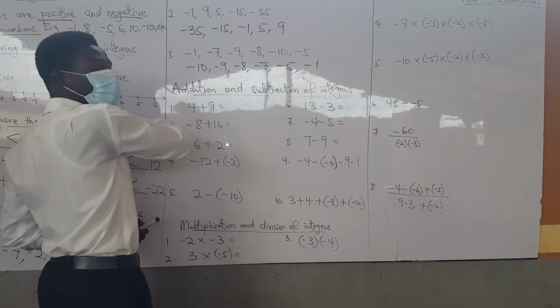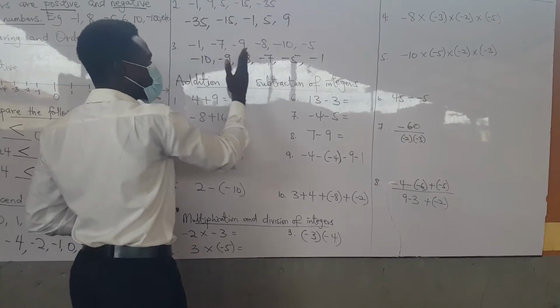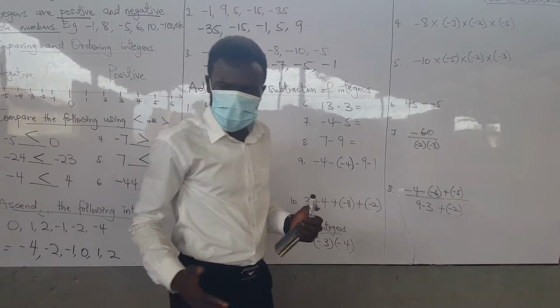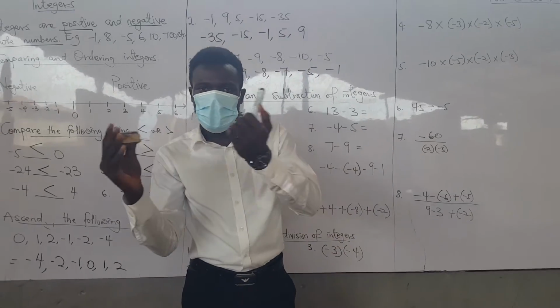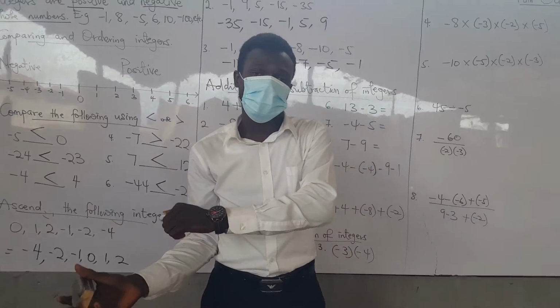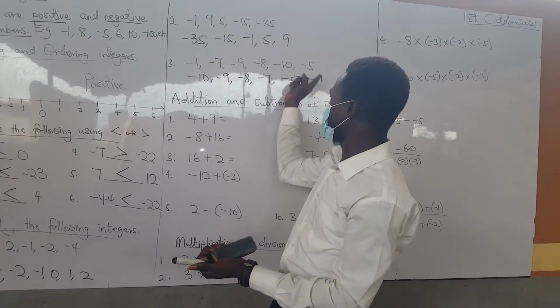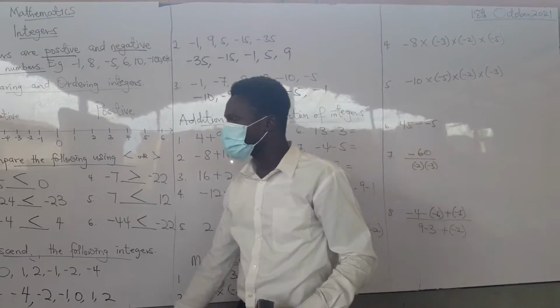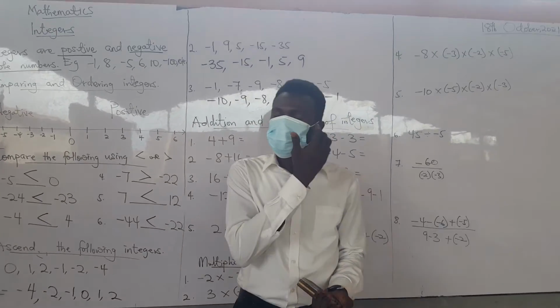Negative 5 is also greater than the rest. So in ascending order of magnitude, that gives us this arrangement. So that is all for the ascending. But when it is descending, then it means the highest is supposed to come first. So this is ascending, and that is the comparison of integers.